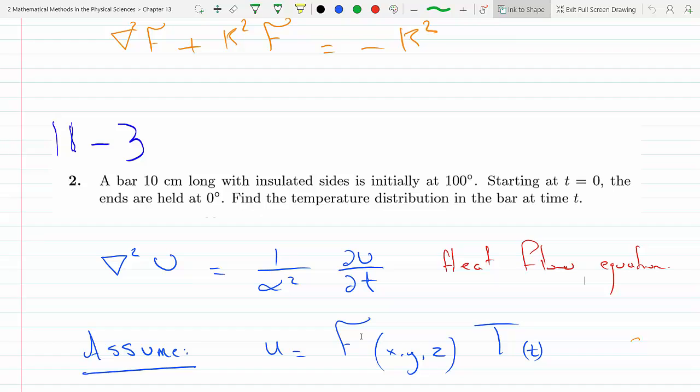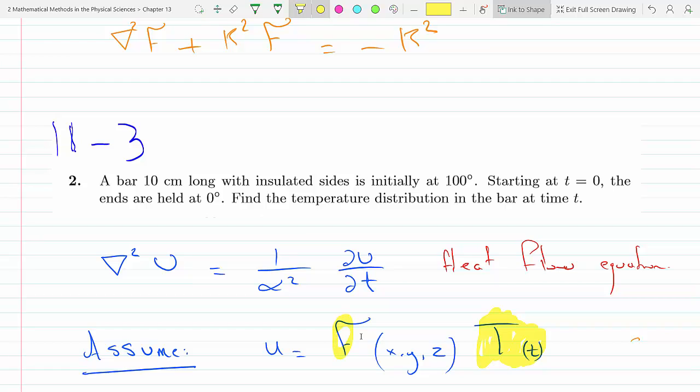So for example, here, since we have a temperature dependence on time, we call this T of t. This is some function of t that we are trying to find. We don't know what that is, and we know that this is also spatially varying in x, y, and z, right?